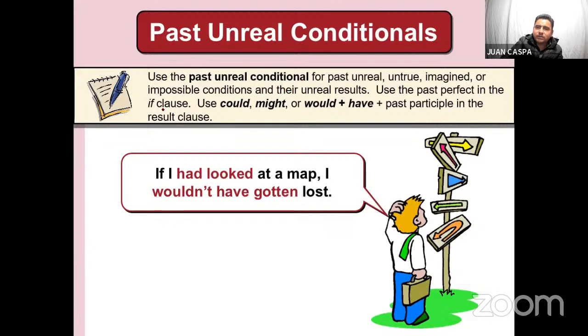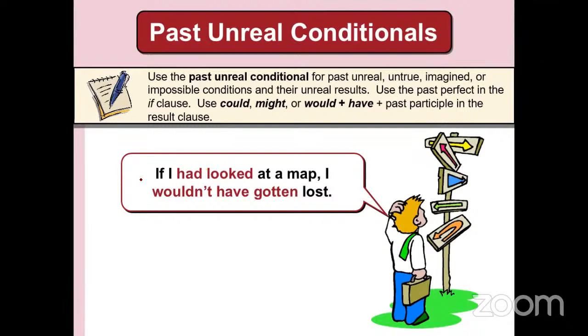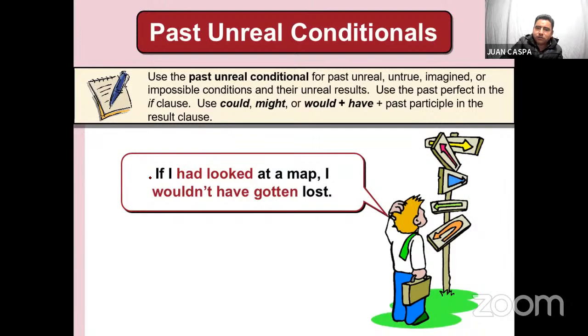Use the past perfect in the if clause and could, might, or would plus have plus past participle in the result clause. Sorry, read this one, please, Ernesto. If I had looked at the map, I wouldn't have gotten lost.